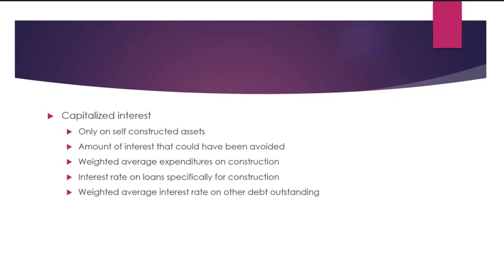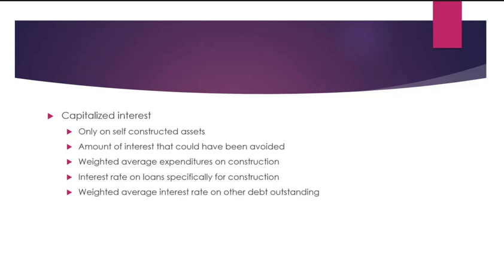Also, we're going to use the interest rate on loans specifically for construction first. Always use the specific interest rate for construction loans first. If your weighted average expenditures are higher than the amount that you borrowed specifically for construction, which is common, then you're going to use the weighted average interest rate on other debt outstanding.